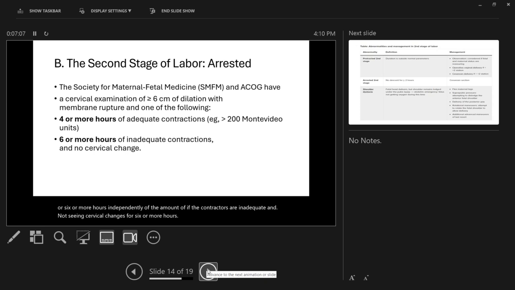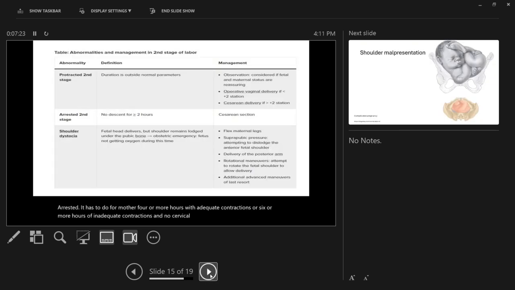So second stage arrested has to do with 4 or more hours with adequate contractions, or 6 or more hours of inadequate contractions and no cervical changes. When in the second stage of labor we are not seeing descent of the presentation for more than 2 hours, we need to proceed to do a cesarean section.